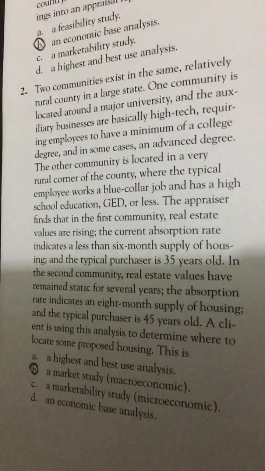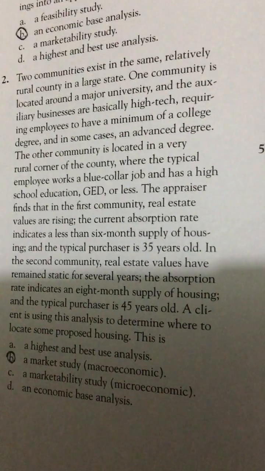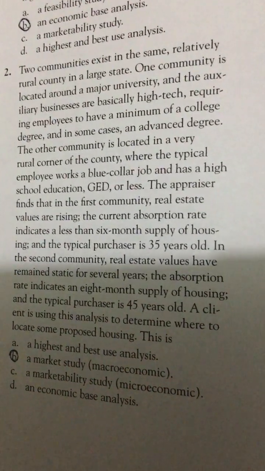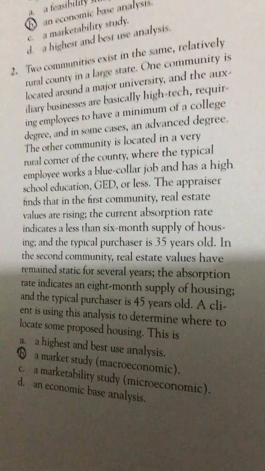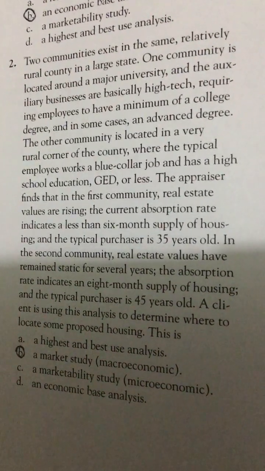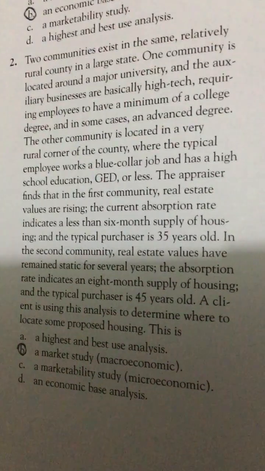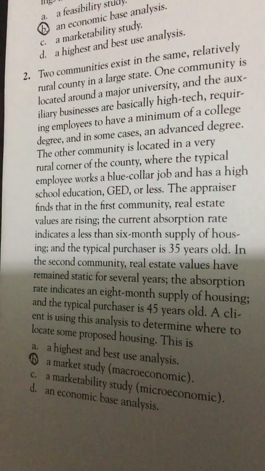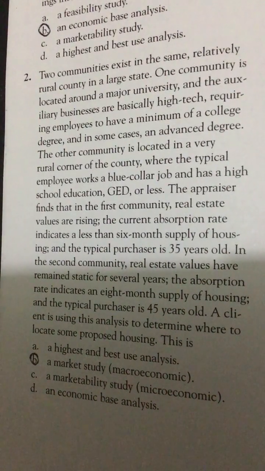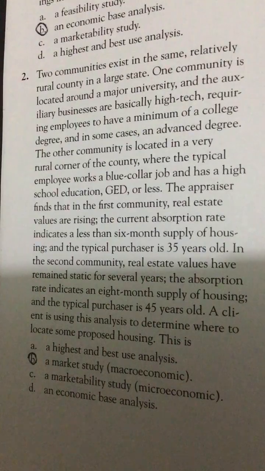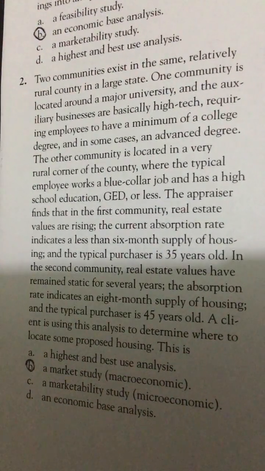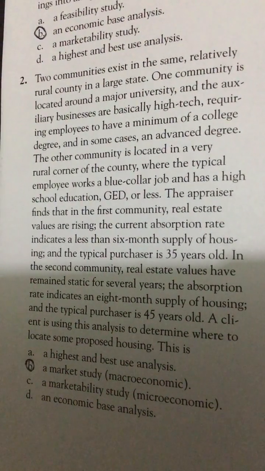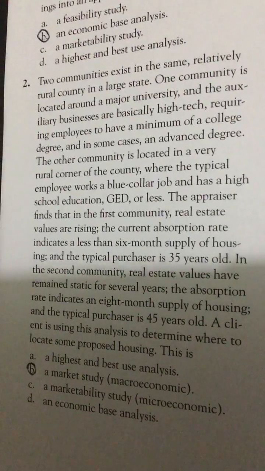The other community is located in a very rural corner of the county, where the typical employee works a blue collar job and has a high school education, GED or less. The appraiser finds that in the first community, real estate values are rising. The current absorption rate indicates a less than 6-month supply of housing, and the typical purchaser is 35 years old.